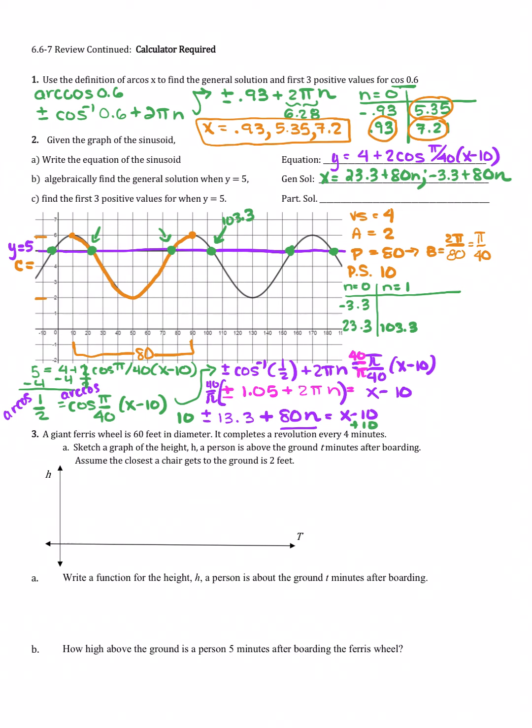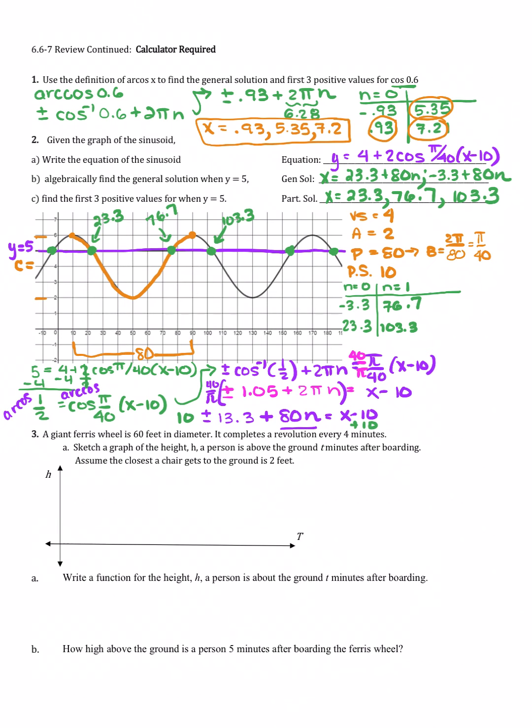If I do 80 minus the 3.3, that gives me 76.7, which is this one, and 23.3 was from my original, so there's my first three positive. So I've got 23.3, 76.7, and 103.3.